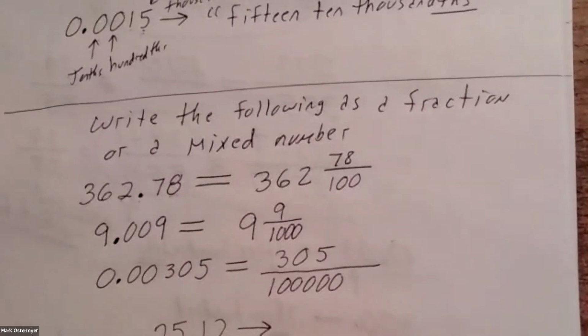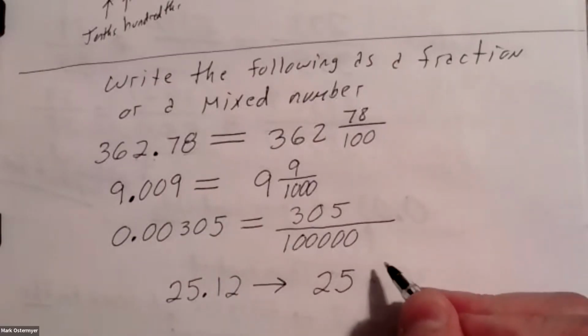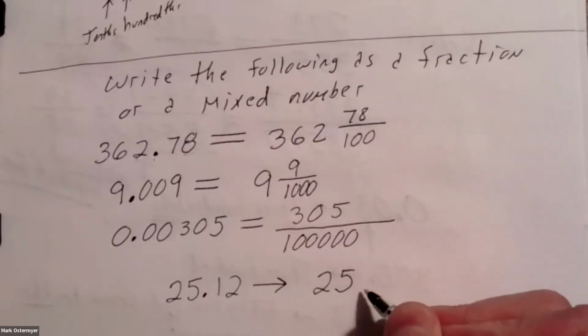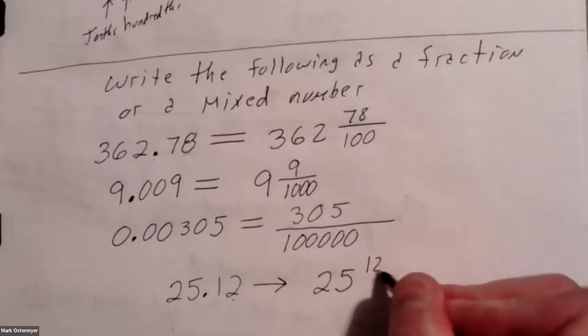So how would I write this as a mixed number? How do you read this number here? It would be 25 and 12 hundredths.